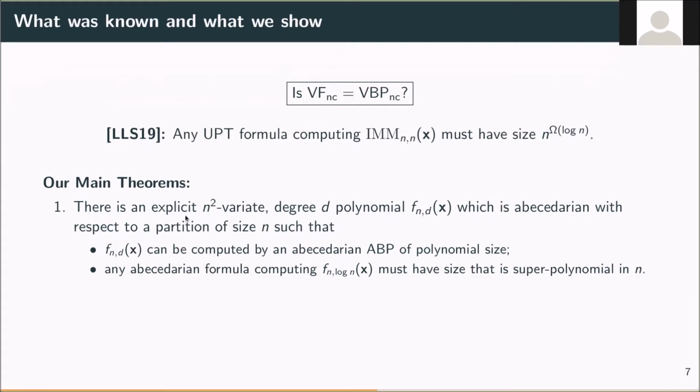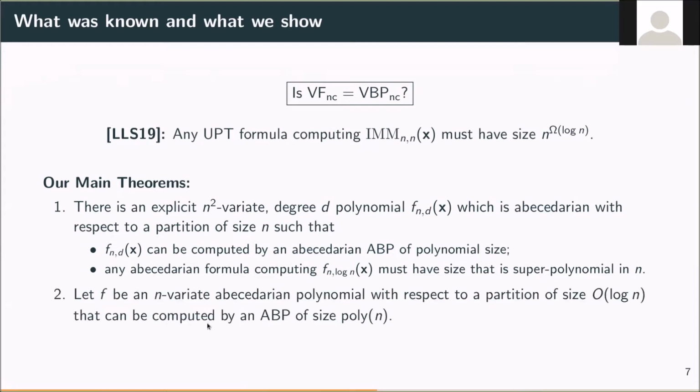Okay, so basically we have given an explicit hard polynomial f of n and d such that f of n, log n can be computed by ABPs of size polynomial in n, but any abecedarian formula computing f of n, log n must have size that is super polynomial in n, thus giving a super polynomial separation between ABPs and abecedarian formulas.